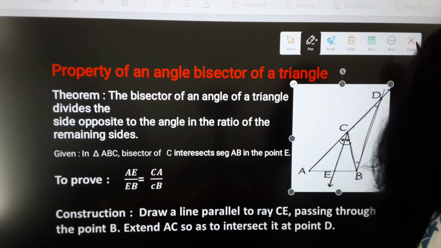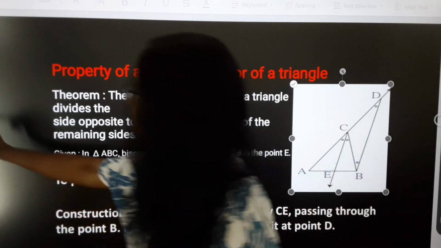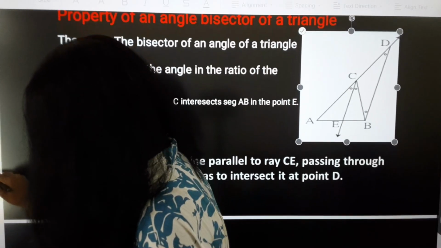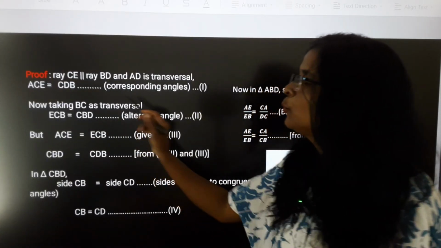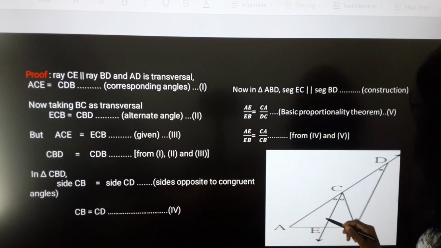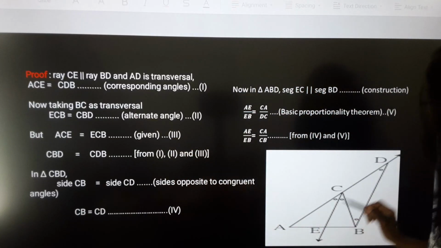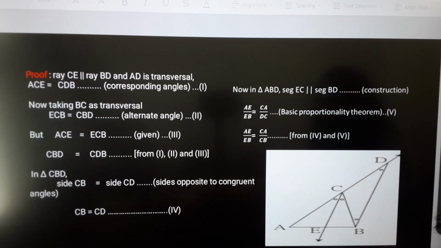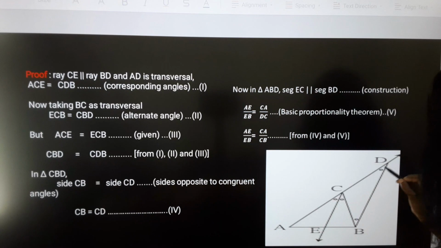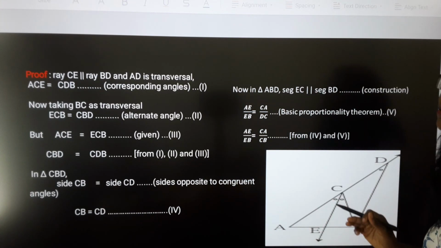Now see. Proof: ray CE is parallel to ray BD. Now ray CE is parallel to ray BD, and we consider AD as a transversal.